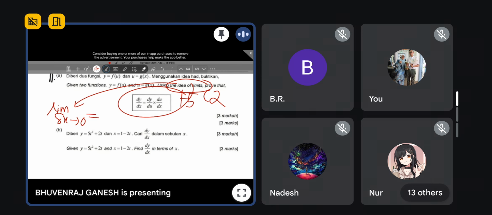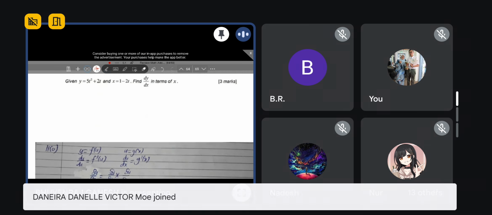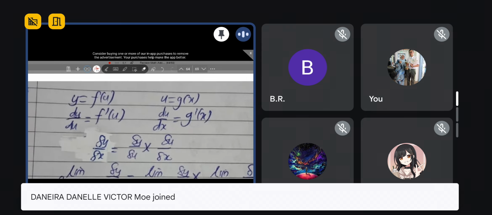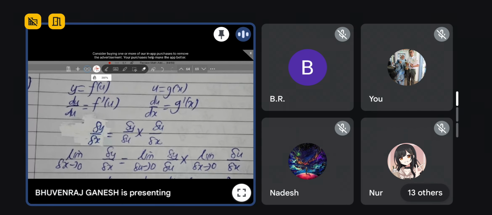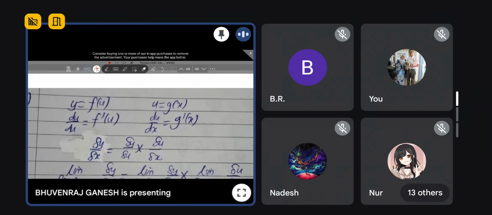So the concept is like this. So how to prove it? Very simple, this one. So you have two functions based on the question. So guys, you just need to apply delta to the formula. You copy exactly symbol D, you just change to delta. Delta shows small change, menggambarkan perubahan kecil.